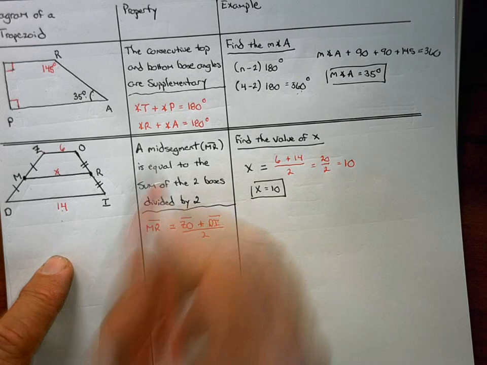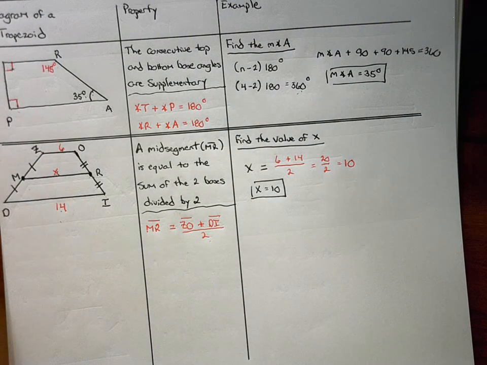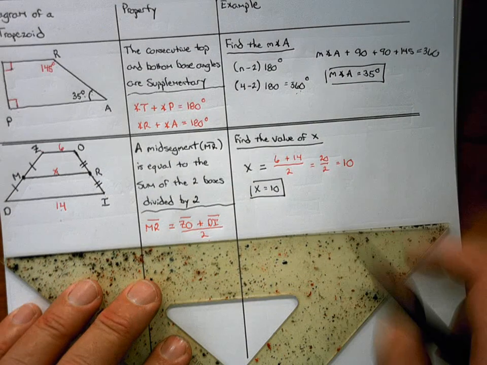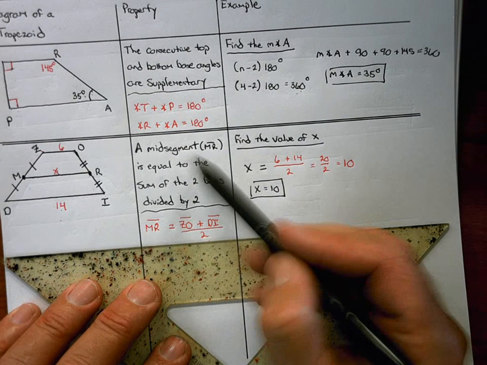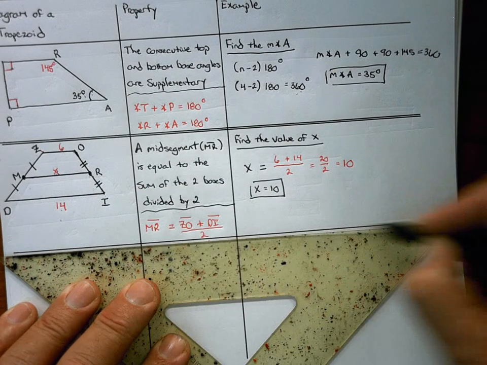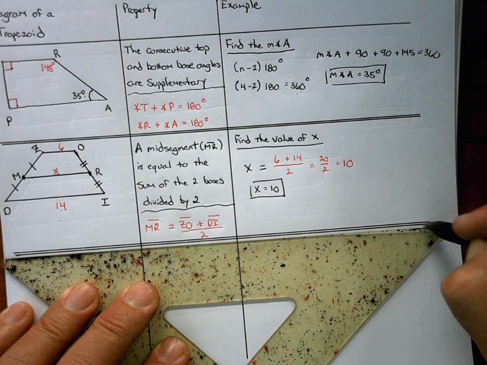There is the property about mid-segments. Okay, so if you guys are ever dealing with a mid-segment problem in a trapezoid, you're going to use this property right here. Okay? 2 properties down. There were 4 total properties, so that means we have 2 to go. We're 59% done.